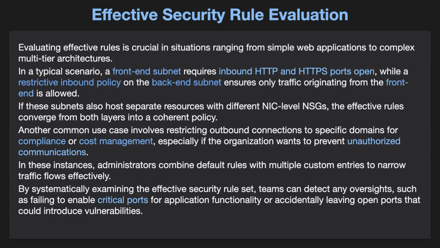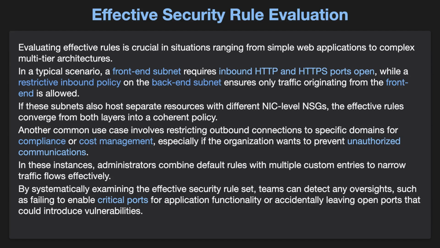Evaluating effective rules is crucial in situations ranging from simple web applications to complex multi-tier architectures. In a typical scenario, a front-end subnet requires inbound HTTP and HTTPS ports open, while a restrictive inbound policy on the back-end subnet ensures only traffic originating from the front end is allowed.